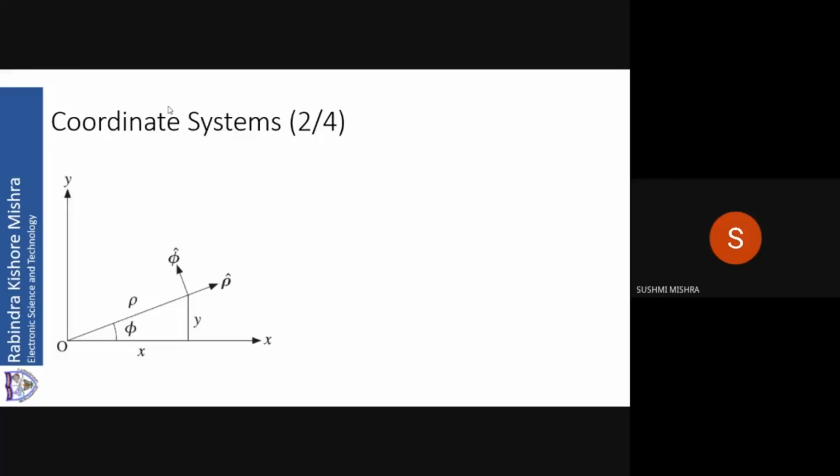For any point, the XY coordinates, rho phi coordinates, X cap, Y cap, rho cap, phi cap, everything can be seen if we look at the XY plane. This will help us in formulating the relationship between the cylindrical and Cartesian coordinate systems. Later we will extend it to the spherical coordinate system.